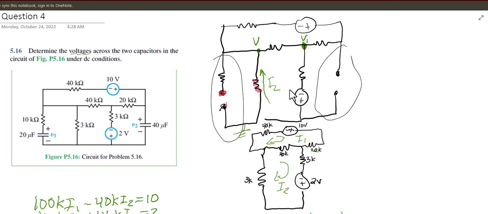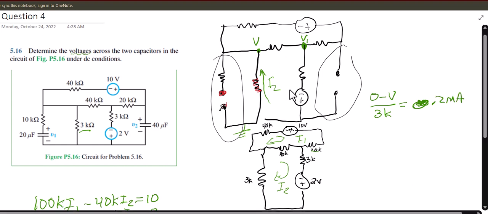And if I make this ground, then I can say that 0 minus V over that resistor, which is 3K, equals I2, and I2 was 0.2 milliamps.